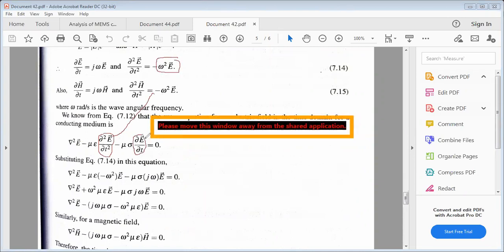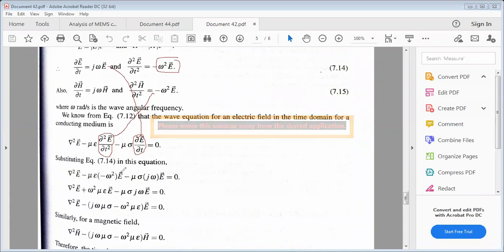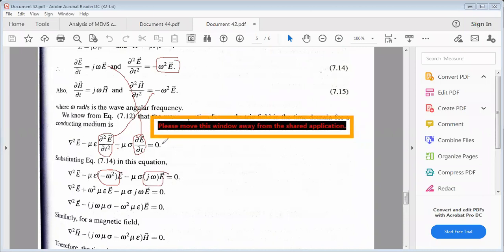Similarly, dou E by dou t is replaced with j omega E. So del square E minus mu epsilon into minus omega square E, minus mu sigma into j omega E, equal to 0.